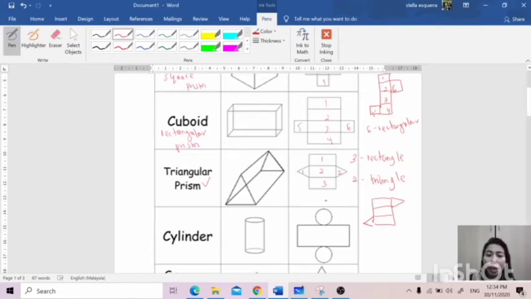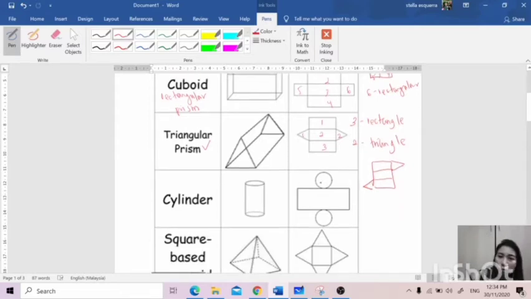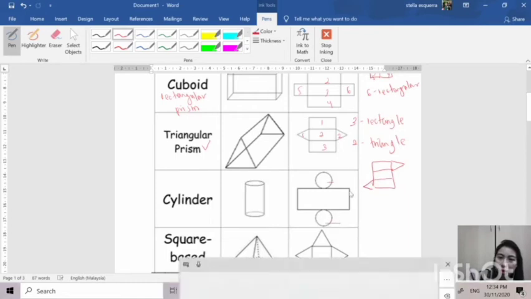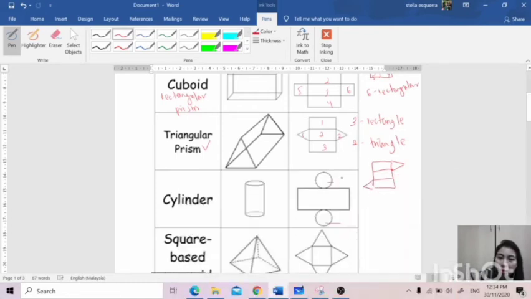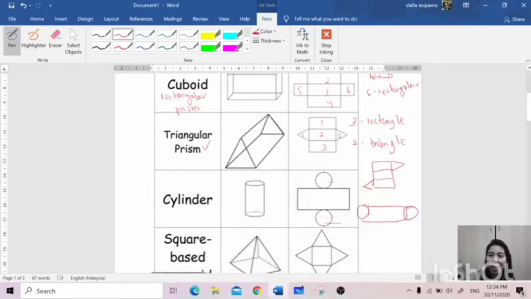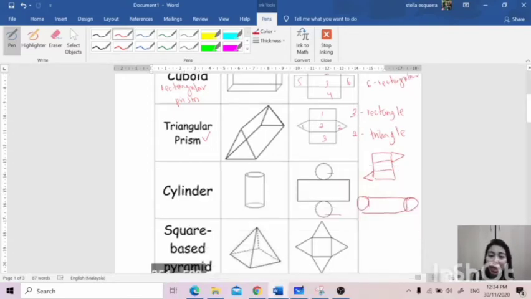For a cylinder, you need 2 circles and 1 rectangle. So 2 circles and 1 rectangle make the cylinder. Sometimes the diagram will also look like this, and it can have this diagram as well, showing it's a cylinder.